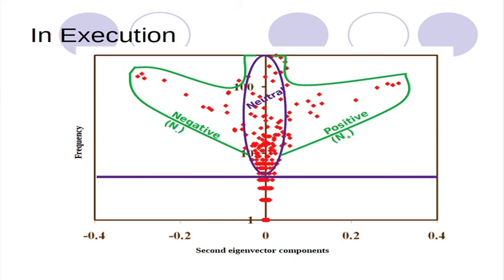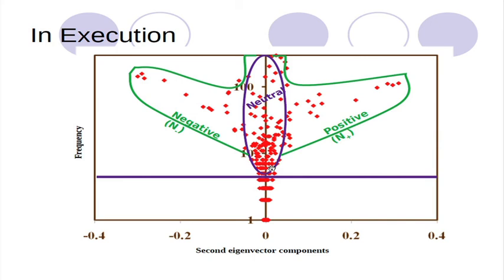In the next step, to further refine your clustering and get deeper levels of clusters, you can remove the nodes which are clearly in n minus, and also the nodes which are clearly in n plus. You get a smaller subgraph consisting only of the nodes close to neutral.